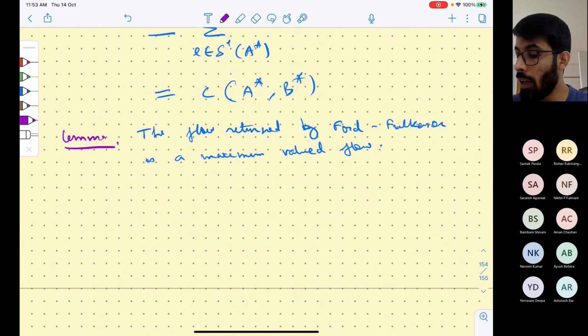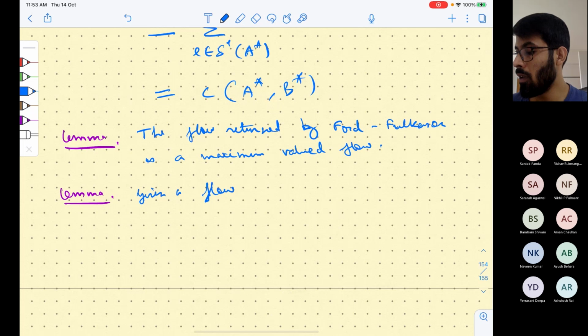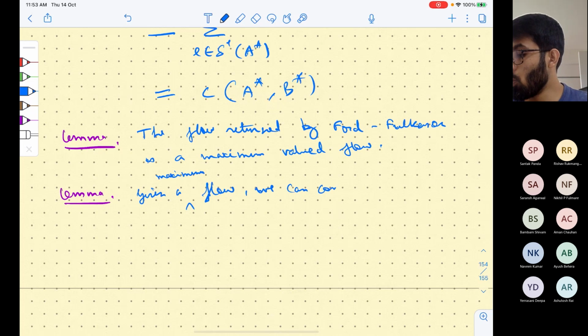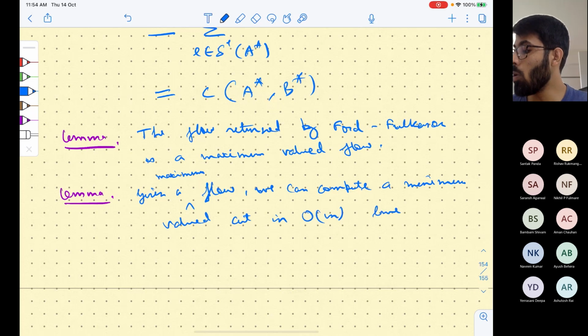And also, given a flow, now we can compute a cut also. Given a maximum valued flow, we can compute a minimum valued cut in order m time. How?